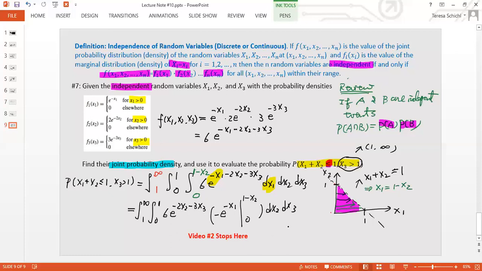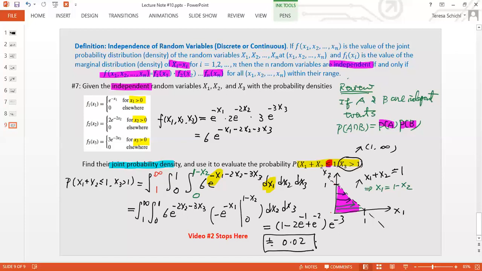I did this integration, and I strongly recommend you review your calculus 2 and see whether you can match my answer. So the final integration will be 1 minus 2e to the negative 1 plus e to the negative 2 and e to the negative 3. So it will be very close to the value 0.02.